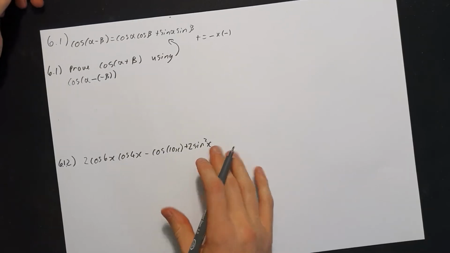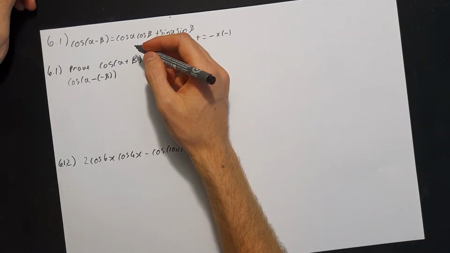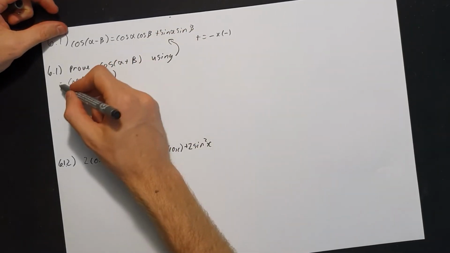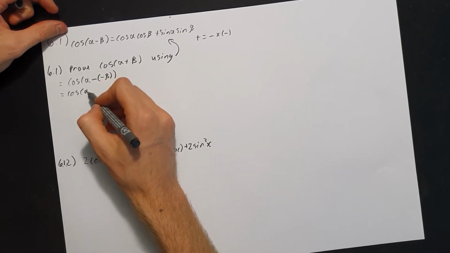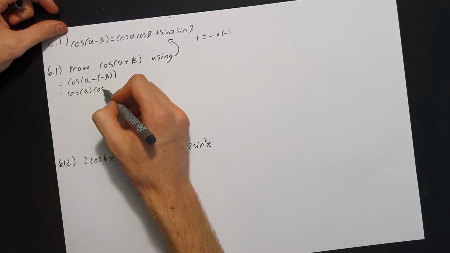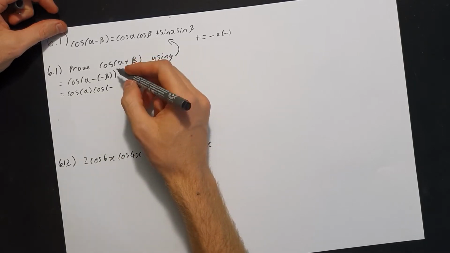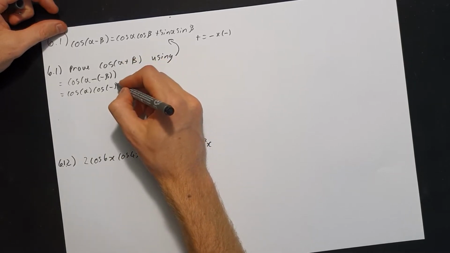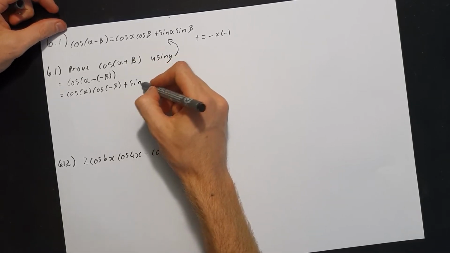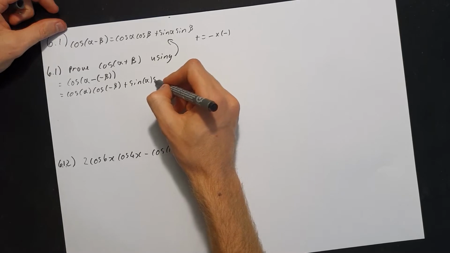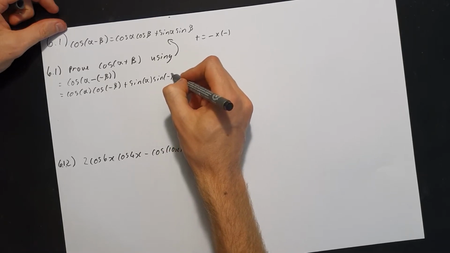Okay, once you have that, we can now use the identity, which is then going to be equal to cos of alpha cos of minus beta, then plus sine of alpha sine of minus beta.